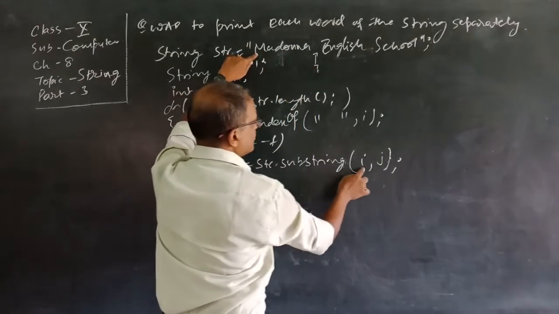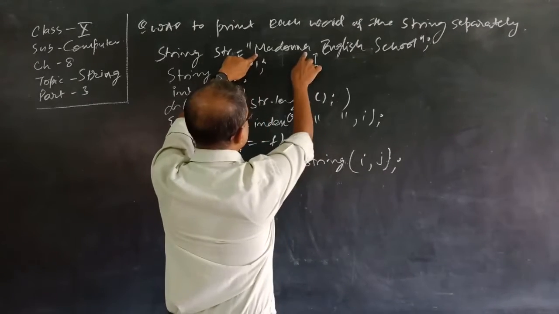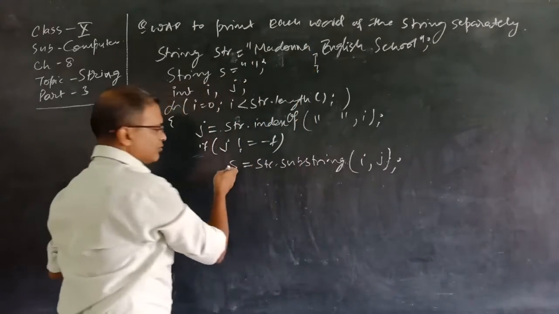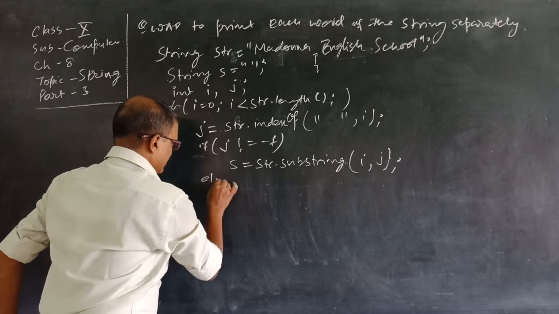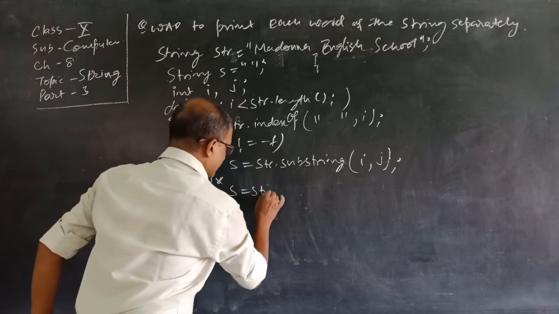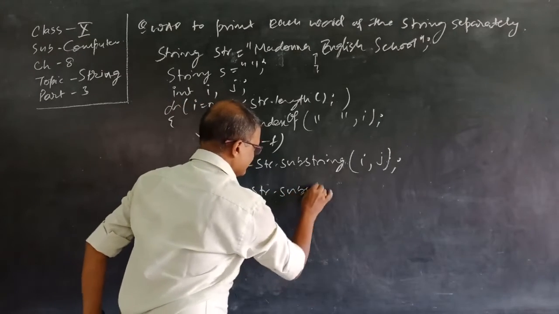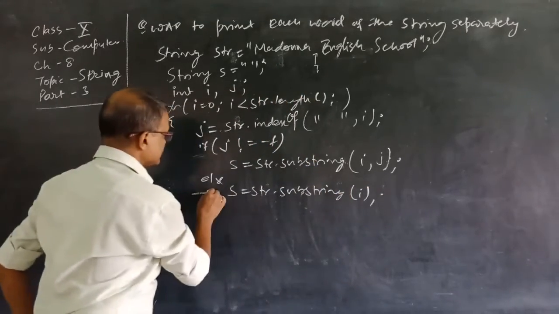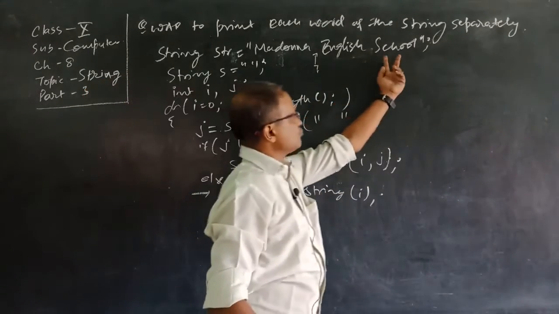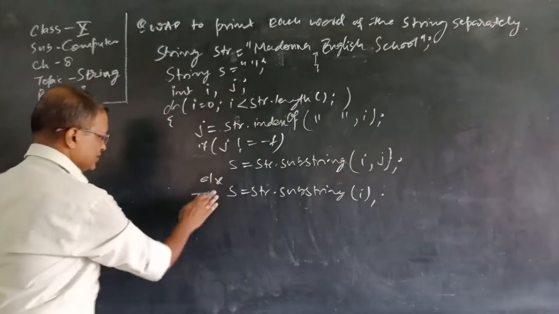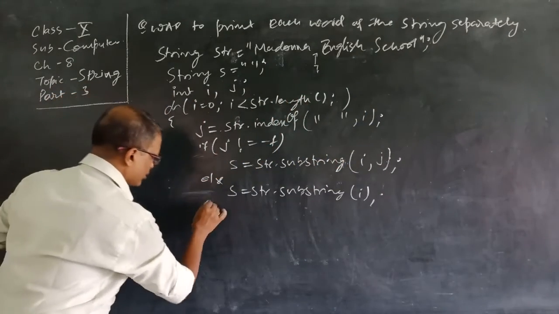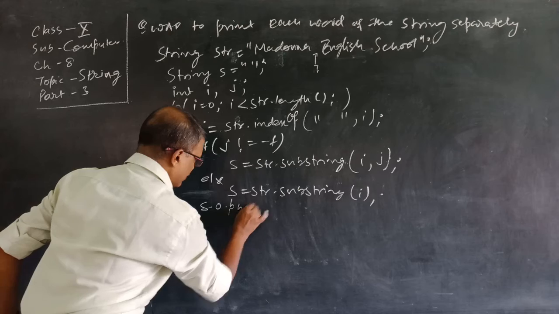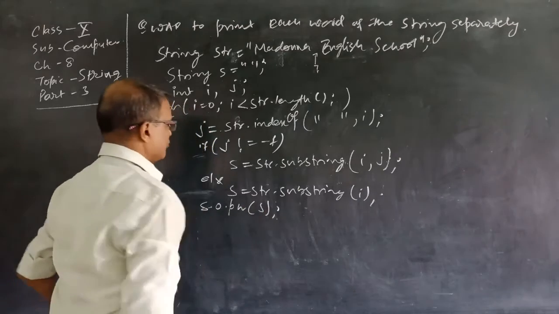So the substring will be 0, 7, means 0 to 6. Madonna will be extracted and stored in s. Else s equal to str.substring(i). This condition will be satisfied for the last word. We'll discuss it later. This time, after getting the word, just print it: System.out.println(s).